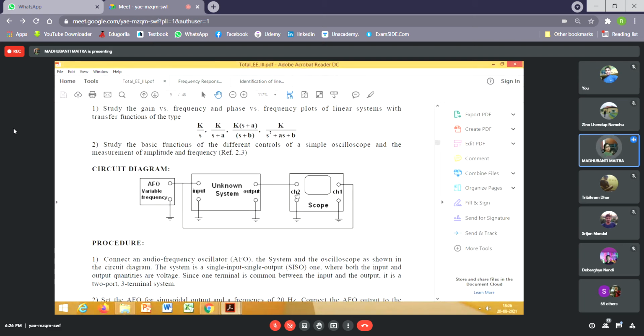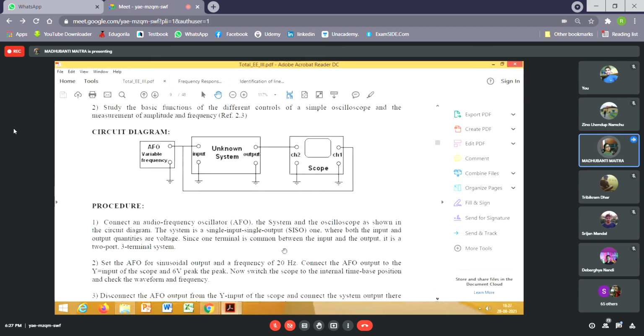Please note down that this diagram given in your instruction is a correct one. This is the correct diagram, and we'll connect channel 1 to the input signal, and channel 2 will be connected to the output signal generated by the unknown system. Okay, so since it's a dual channel oscilloscope, simultaneously we can observe the input sinusoid as well as the output sinusoid in this scope.